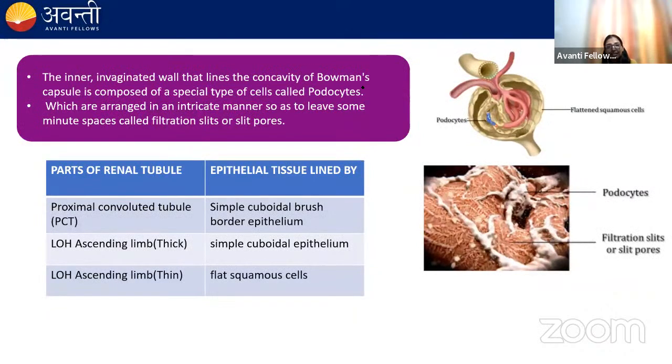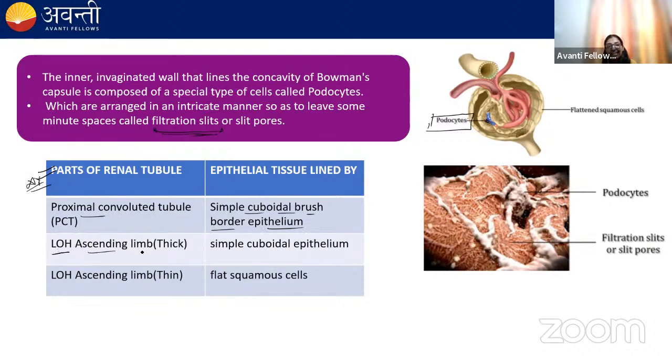Moving next, you can see these are the podocytes, and between them the filtration slits are present. This table is very important, beta. I told you to remember the lining of the tubules: PCT, simple cuboidal brush border epithelium.